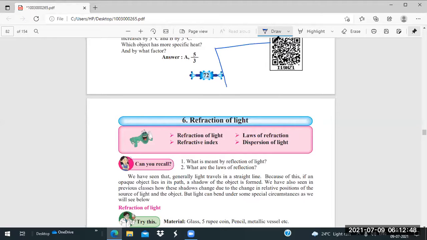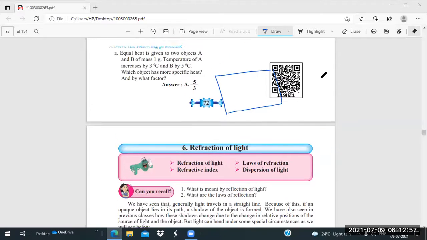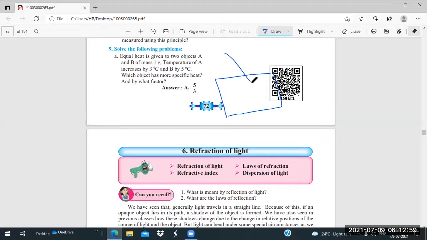You have seen. Have you seen this structure last year?